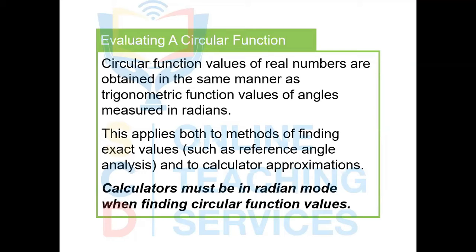And because in IGCSE you are allowed to use your calculator, you can also apply the calculator approximations. But always remember that your calculators must be set in radian mode whenever you find the circular function values. Okay, so is your calculator in radian mode?